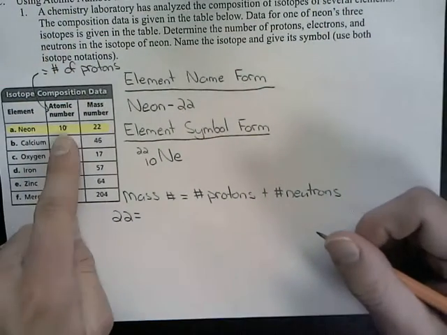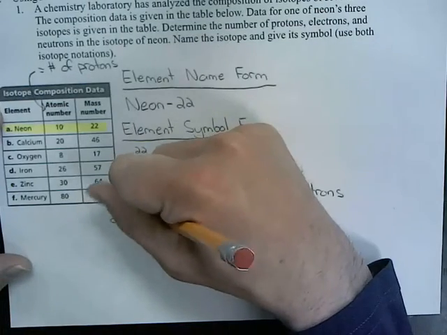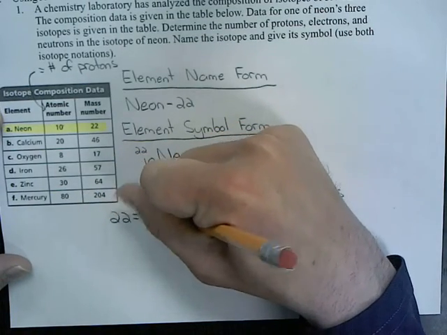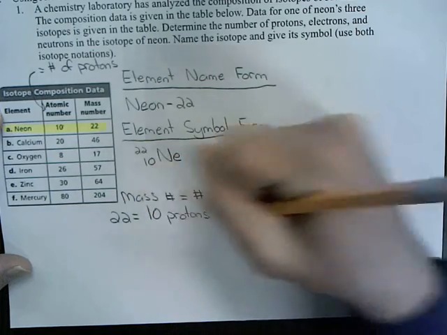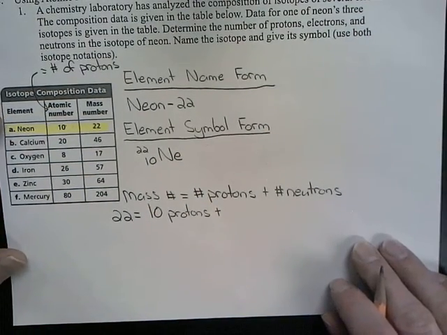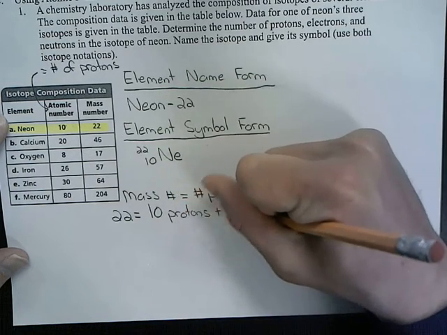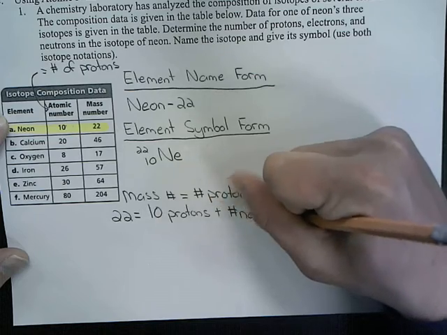Okay, so that means because we have an atomic number of 10, we have 10 protons. Now, we do not get the number of neutrons given to us. So our number of neutrons is what we are actually going to be solving for.